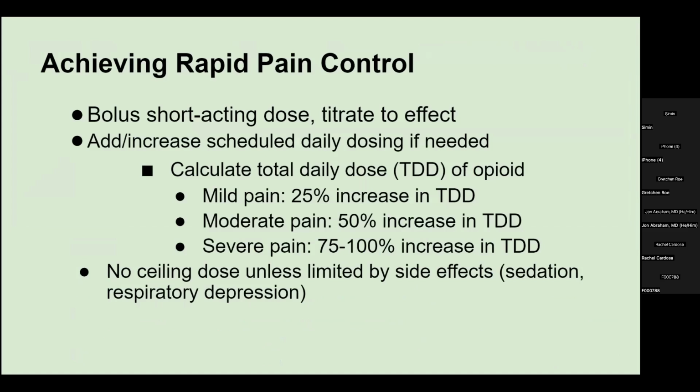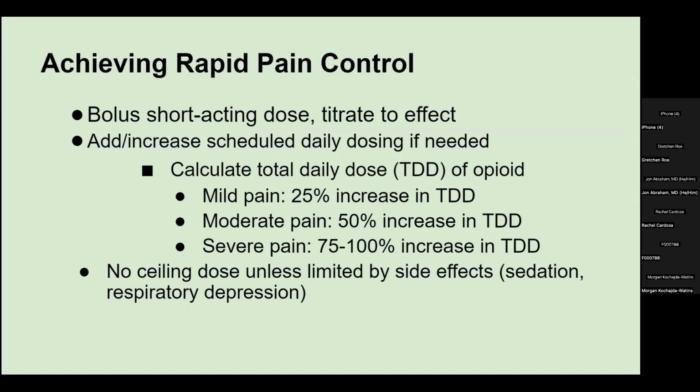So if someone is in pain that's severe, how do you get it under control quickly? Well, first of all, the most important point is bolus. Bolus the dose, because that will kick in faster. And then you can see how they respond, see if it worked. And if you need to go up, you titrate the dose to the effect. If you're looking at the patient day by day and you realize that their pain is still uncontrolled, then you can calculate the total daily dose of opioid.